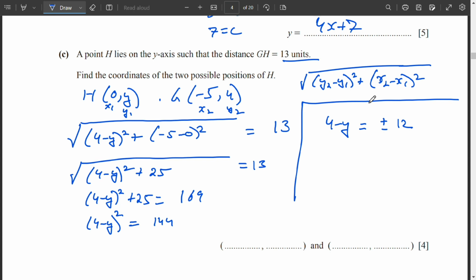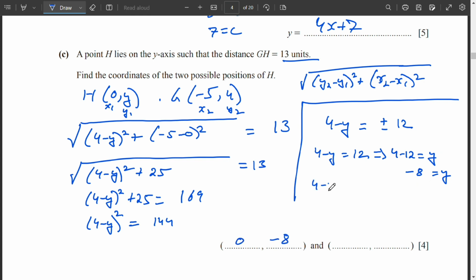So now we will get the two values of y. First, 4 minus y equals plus 12. You take y to that side, 12 to this side. So this will be 4 minus 12 equals y. 4 minus 12 is minus 8. So one of the coordinates is minus 8. Since x is 0, you can write 0, minus 8.